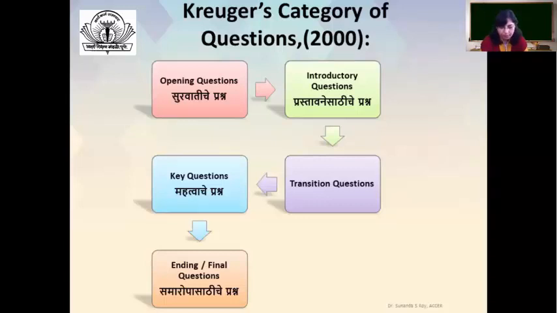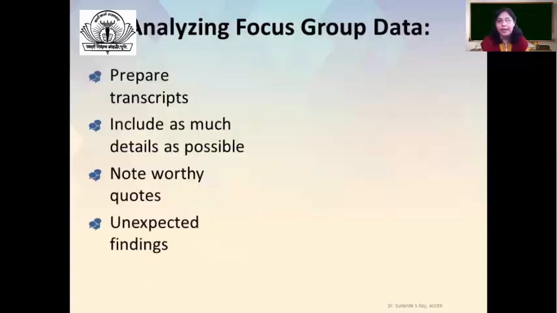Now, once you have collected the data, then you need to do the analysis. Analysis of the data, like in interviews, requires rigorous work by the researcher, because you need to prepare transcripts. When you're preparing transcripts, that is the answers to the questions that the respondents have given, you have a question, and then you have to write down the answer.